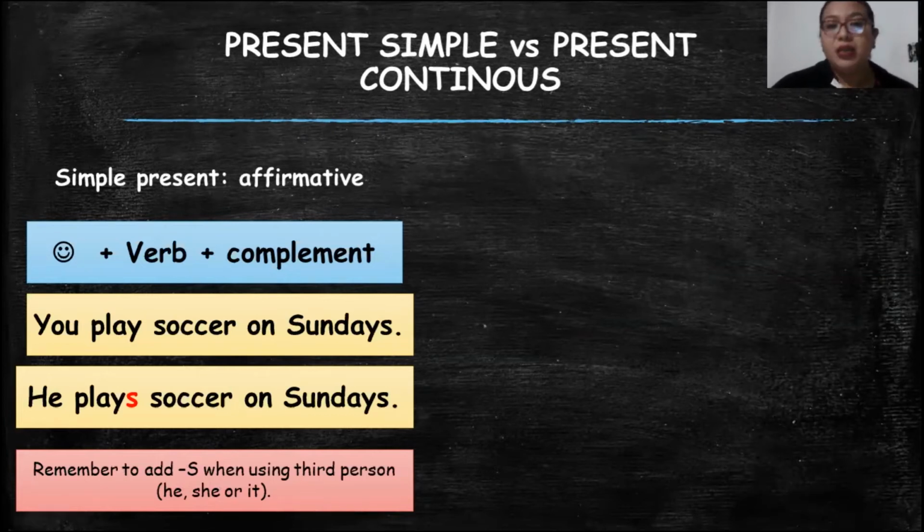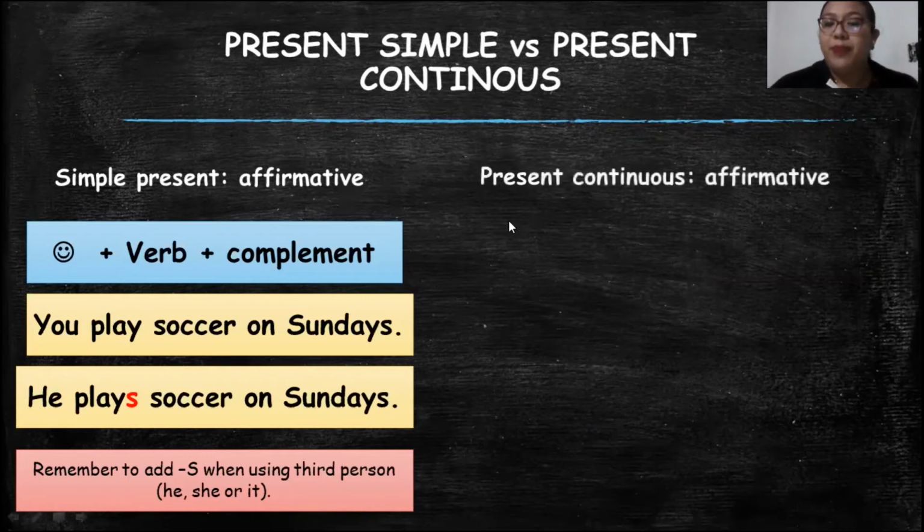Let's remember that third person is he, she, or it, okay? So this part, that we need to add s to the verb, is really, really important, okay? From this level, we cannot have those errors, okay? We need to be very careful when we are speaking, okay? So this is about simple present.